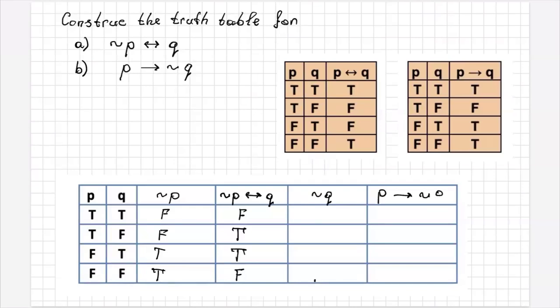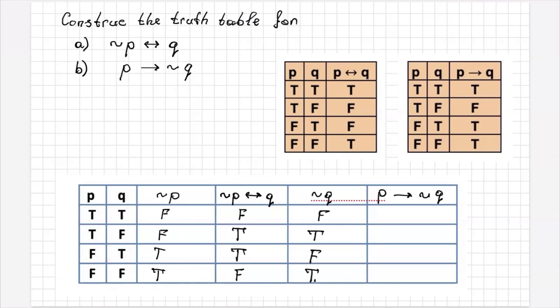First we get the values for the negation of Q, found based on this column here. The first one is true, so the negation of that is false. False leads to true. Again, true leads to false. And false leads to true.